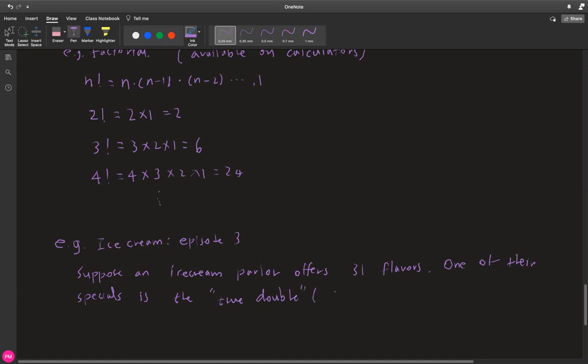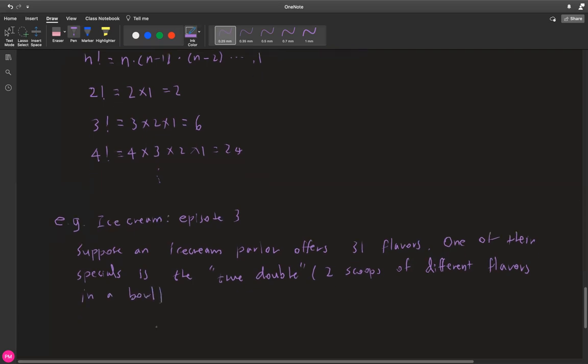And this is simply 2 scoops of different flavors in a bowl. So the question is the same.